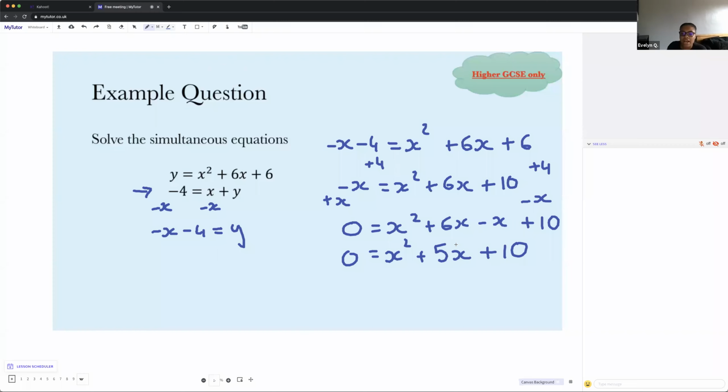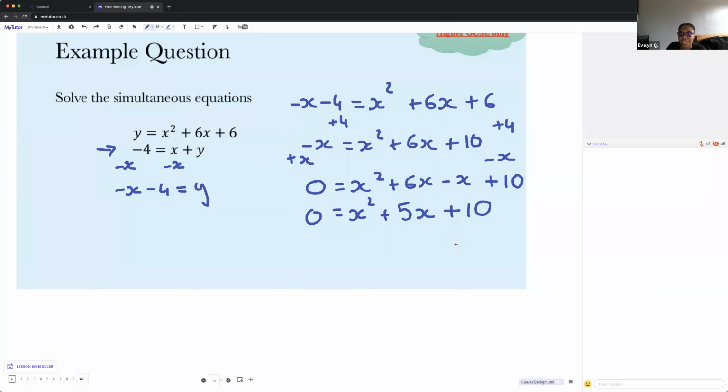And then you need to go ahead and solve. There's more than one way of solving this equation. You can either think of two numbers that multiply to make 10 and add to give you 5, or you can solve a little bit of a different way.